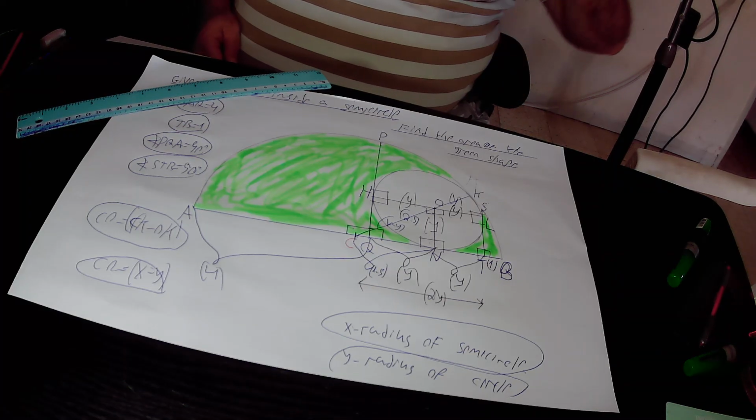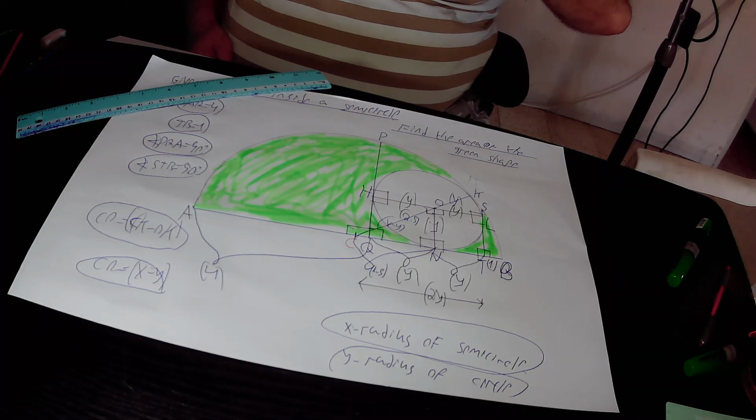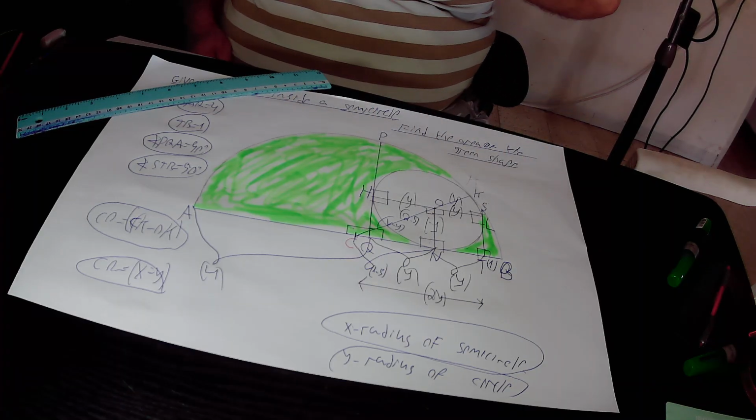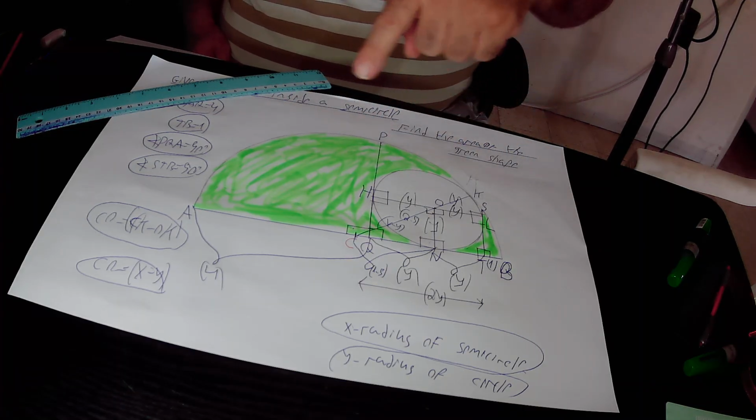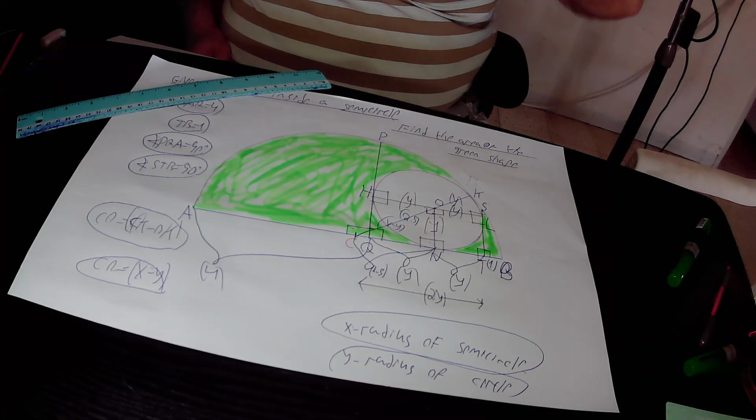So first of all, we define the radius of this big semicircle as x, and the radius of this small circle as y.